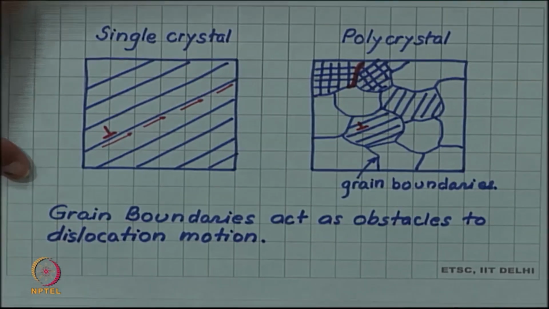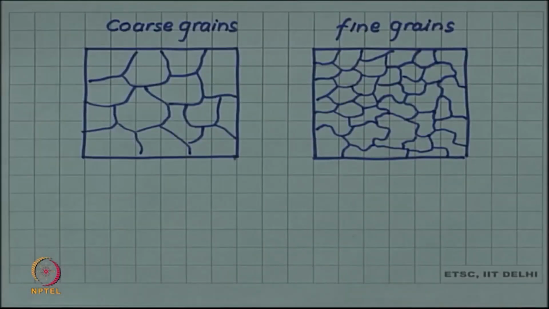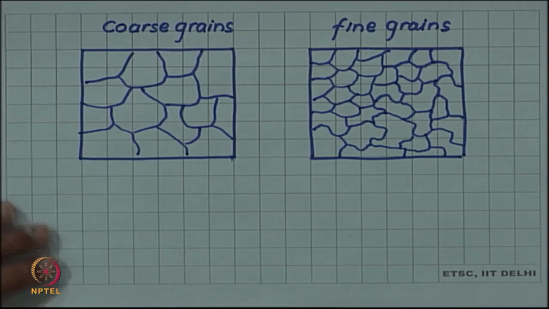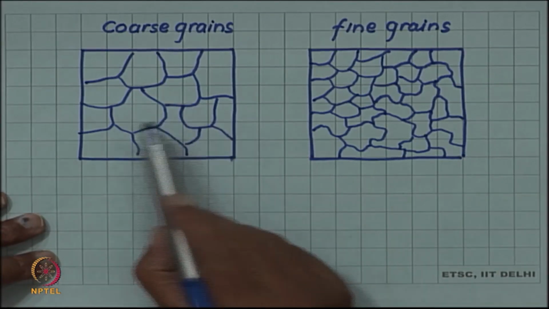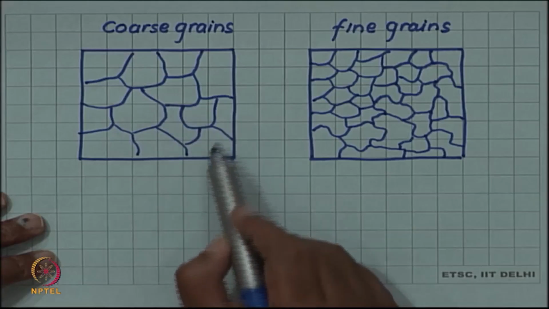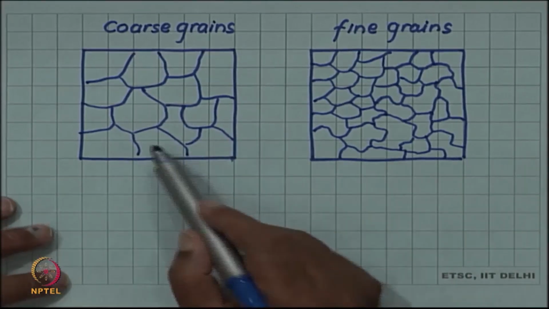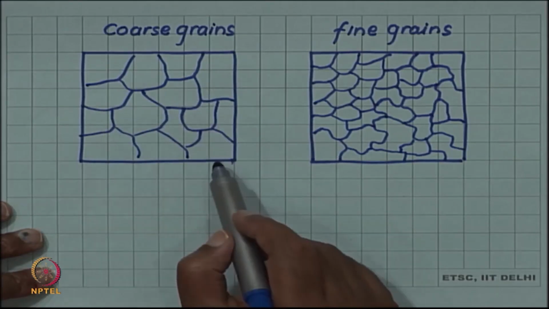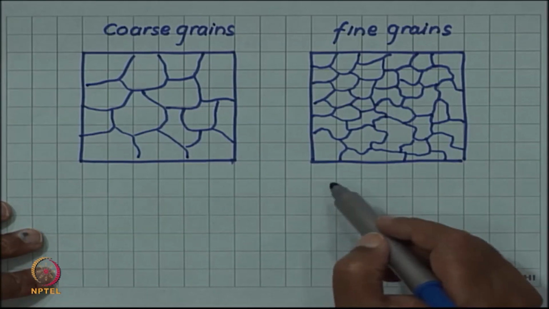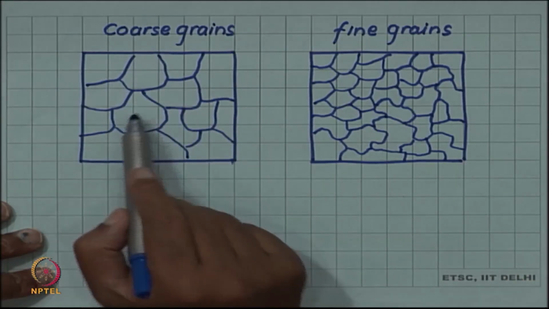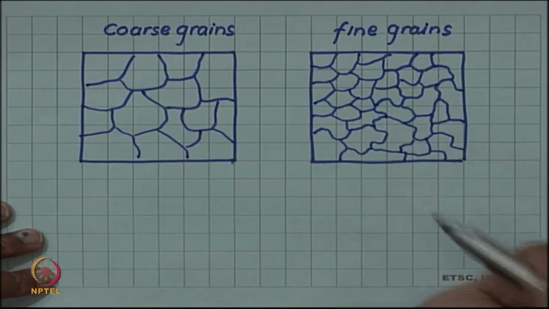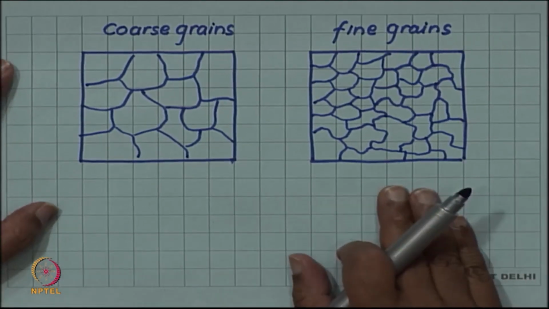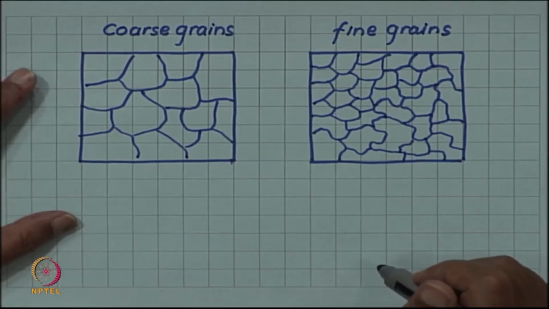Now, if you accept that, then it is very easy to see. I have shown you two examples here. In one case, the average grain size, which we will soon define, is larger in the first example than in the second one. So, we will call this coarse grain, whereas we will call this a fine grain material, because here the average grain size is smaller.